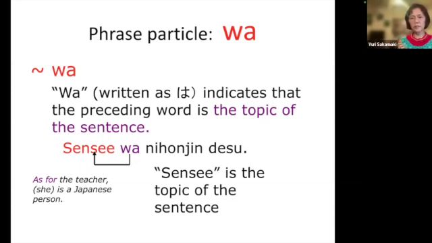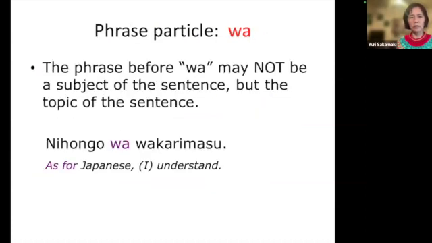In this case, it is a subject, but it's a topic of the sentence. And the phrase before wa may not be a subject. For example, I could say something like this. 日本語はわかります。So, わかります means I understand.